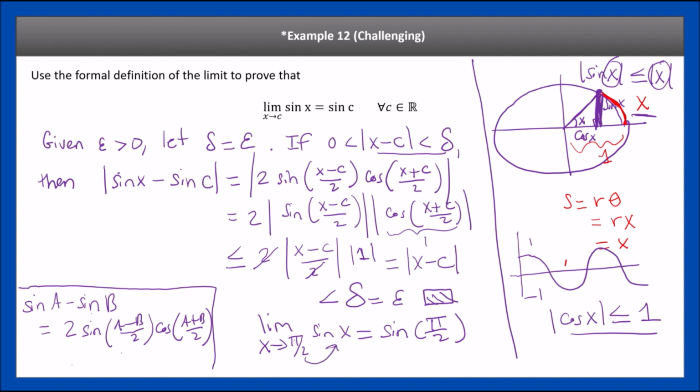And since we've shown that it's continuous everywhere, we can definitely do this direct substitution. And not only that, but we can replace this sine of c with sine of pi over 2. And the proof would work the exact same way, except instead of using c, you're going to use pi over 2. So hopefully that makes sense for this interesting little proof.